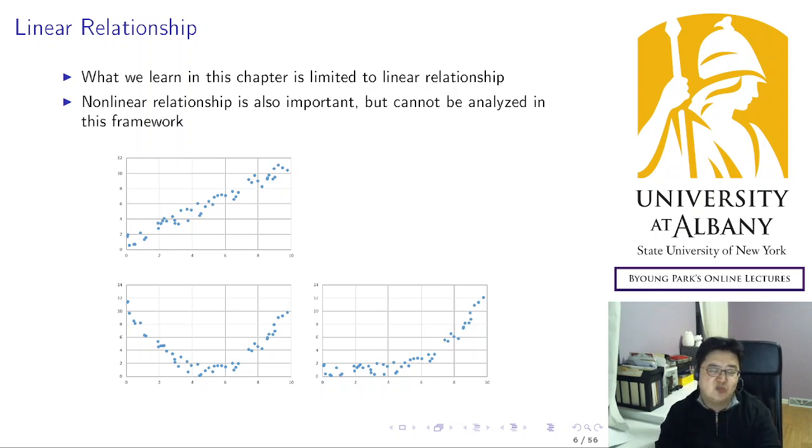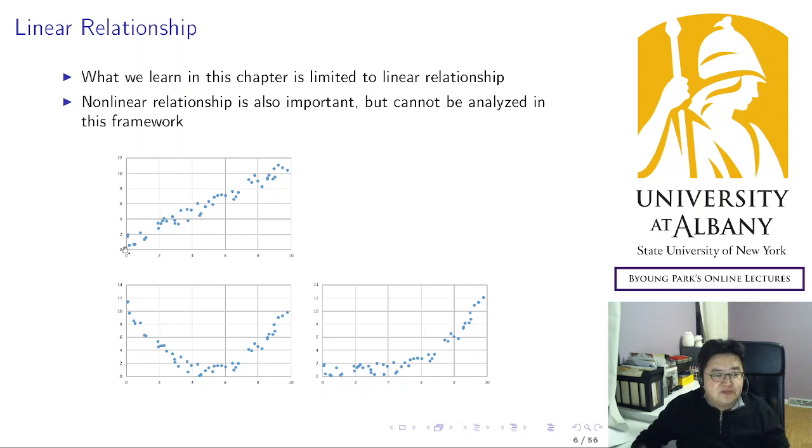Before starting the main analysis, I would like to emphasize that the analysis we study in this chapter is limited to linear relationships. I said I'm going to draw a trend line as a straight line, but sometimes the trend may not be straight.